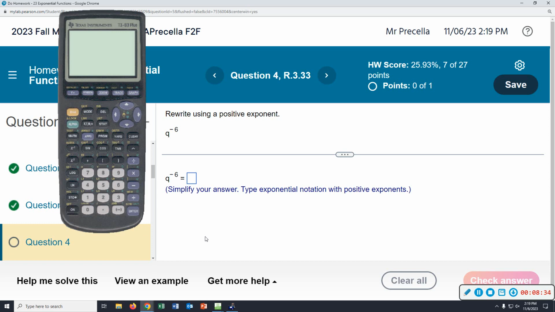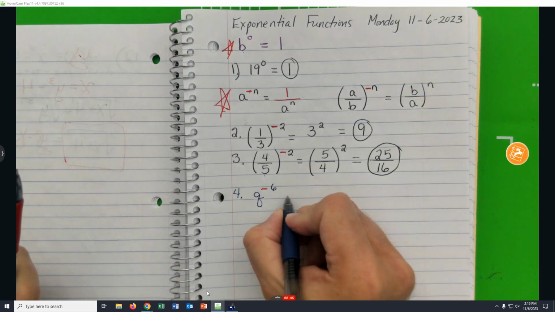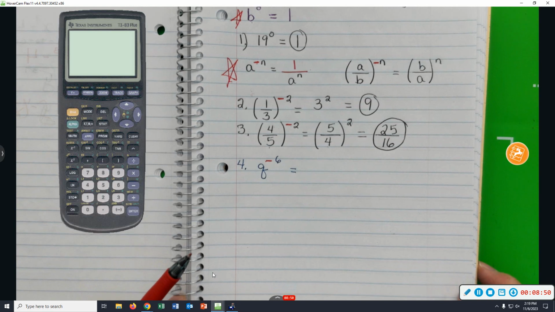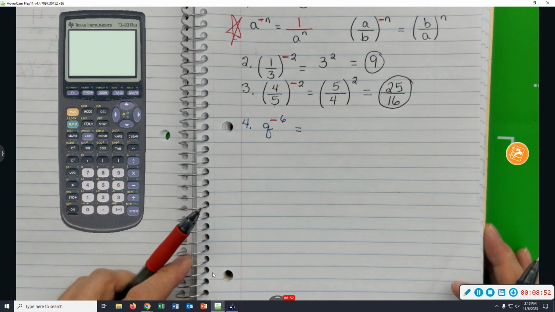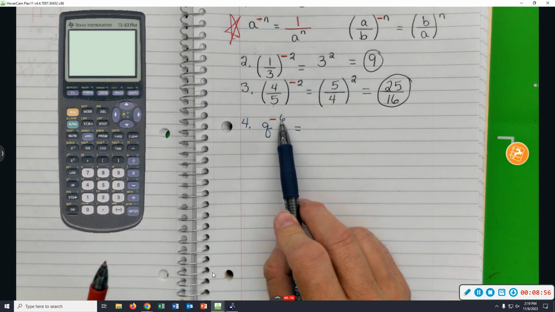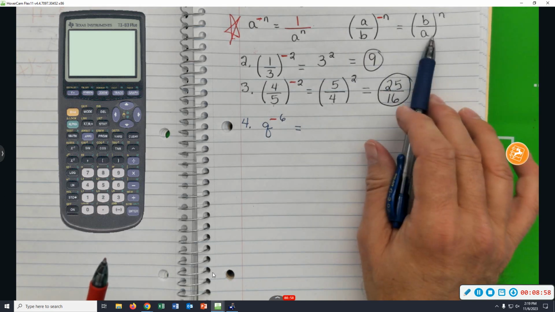Okay, we want to write this using a positive exponent, and that is the letter q to the negative 6. Well, this isn't a fraction to a negative power, so we're not going to use the rule we were using.